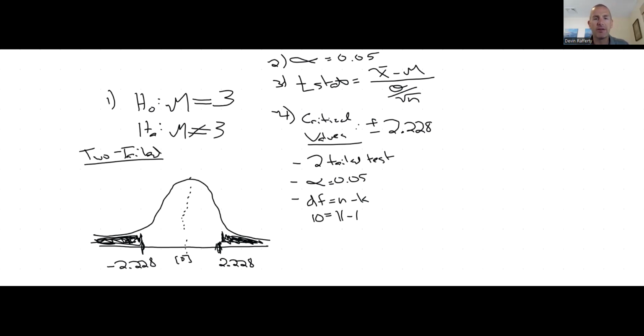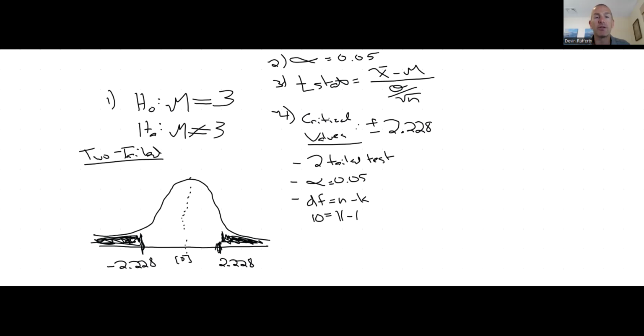On the other hand, if my test statistic does not go past negative 2.228 or positive 2.228, then my test statistic lands in the region of non-rejection.